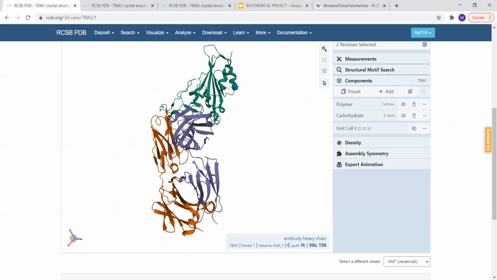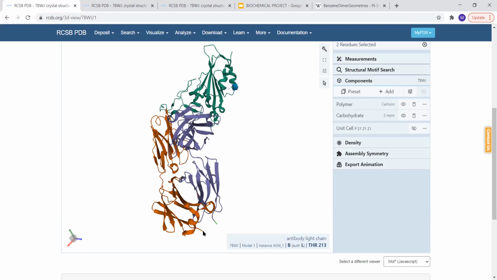The FAB fragment that I'm analyzing appears to have originated from the use of papain, because if it had originated from pepsin, it would show an F(ab')2 fragment composed of two disulfide connected FAB units.